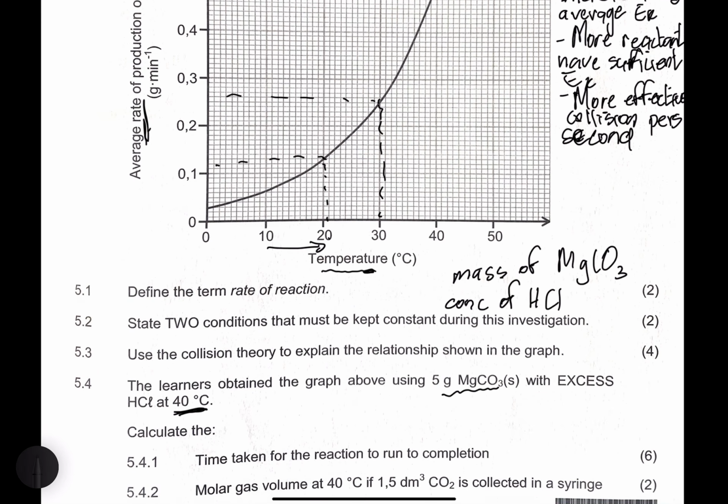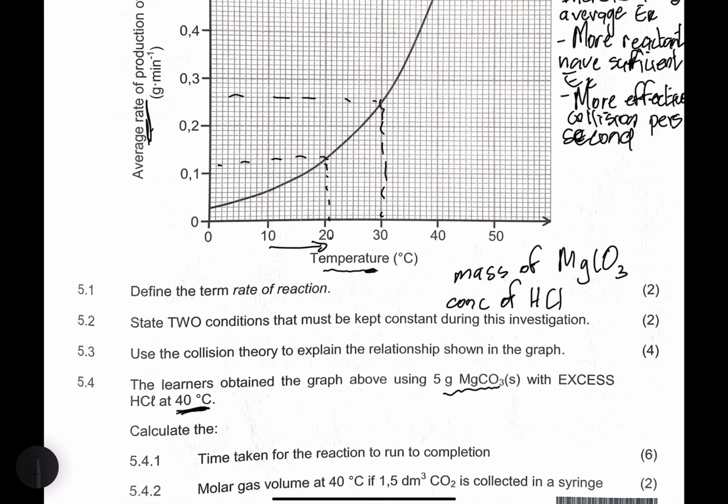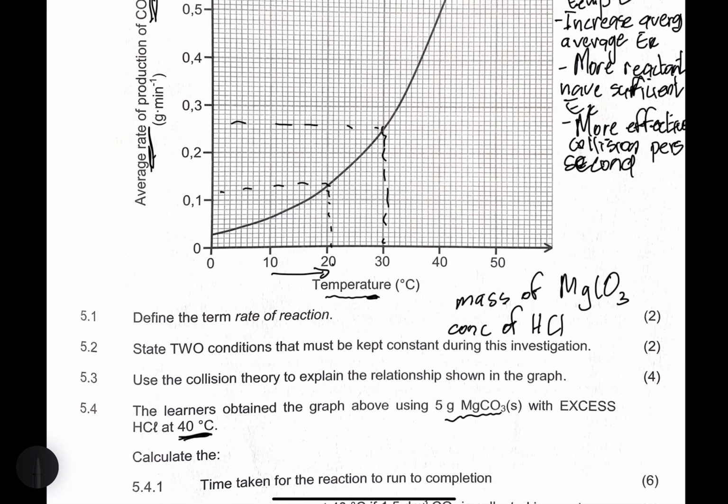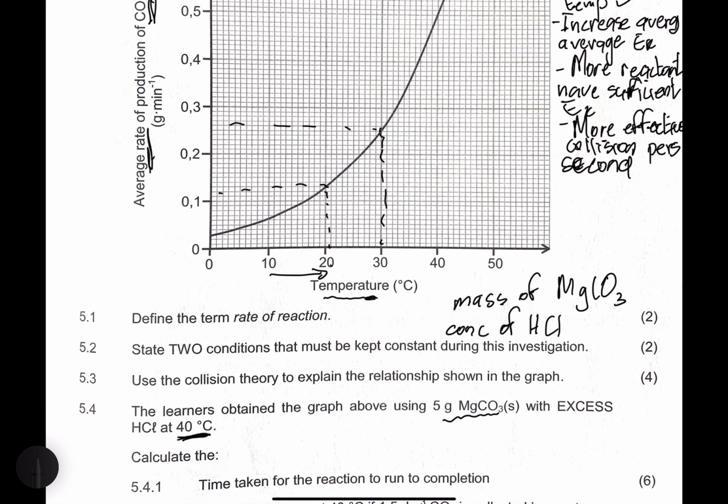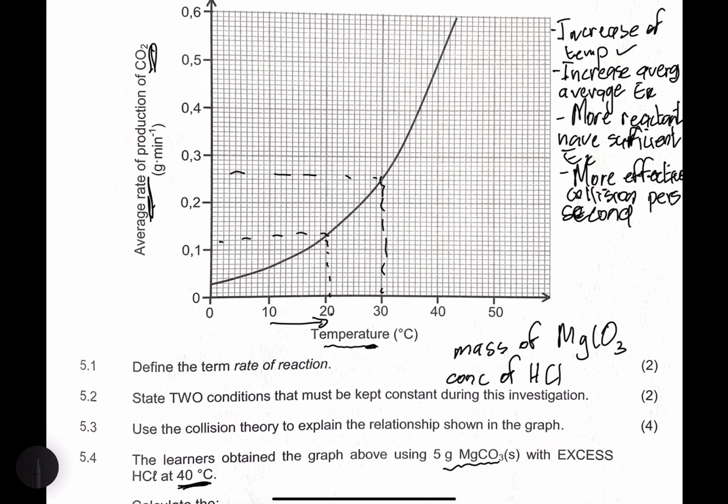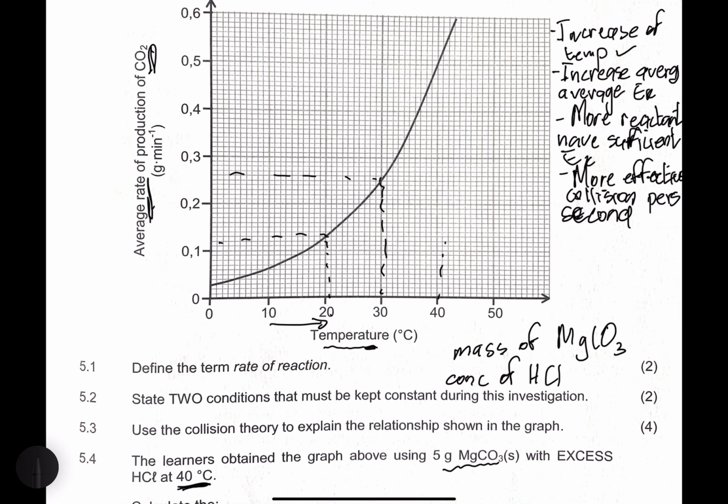Okay, so they want to know the time taken for the reaction to run to completion. Now, I want us to please just pay attention. So we've got the rate of reaction. Let's find first of all the rate of reaction at 40 degrees. So if we follow the vertical line there, you'd see that at 40, our average rate of reaction in this case is 0.5.